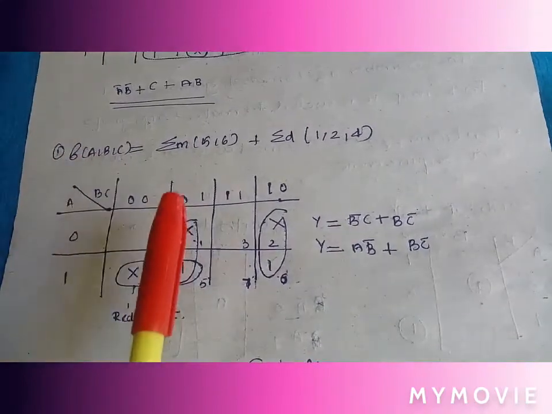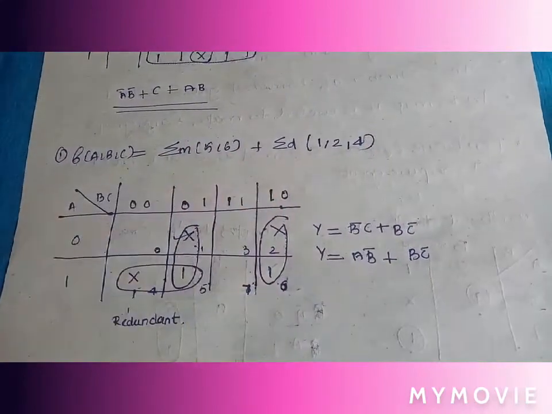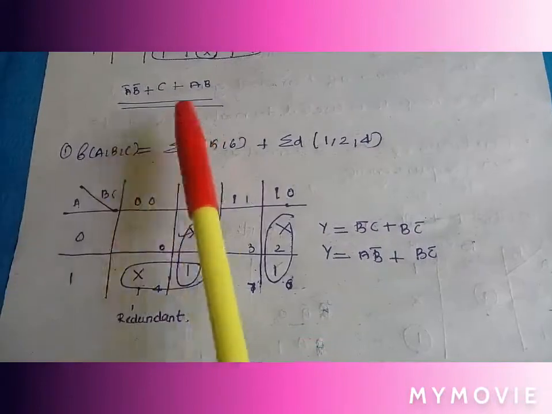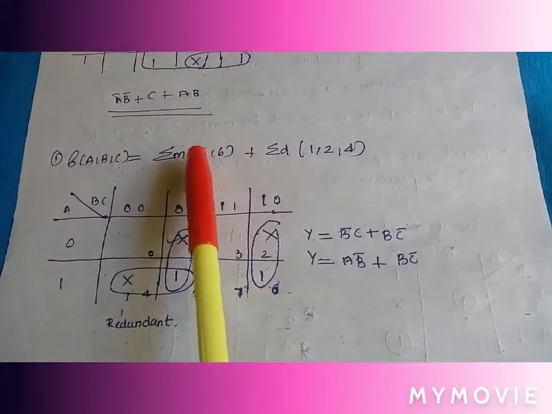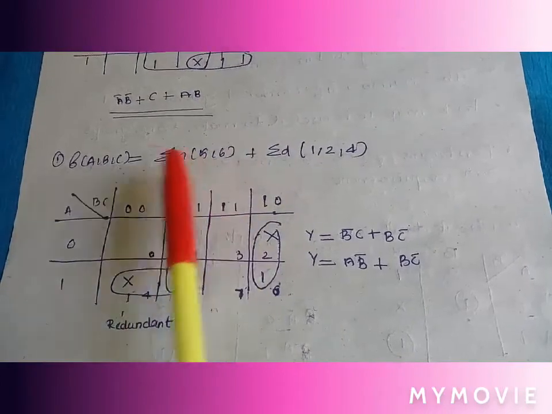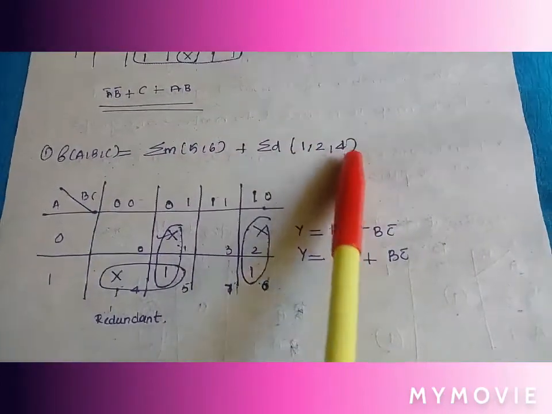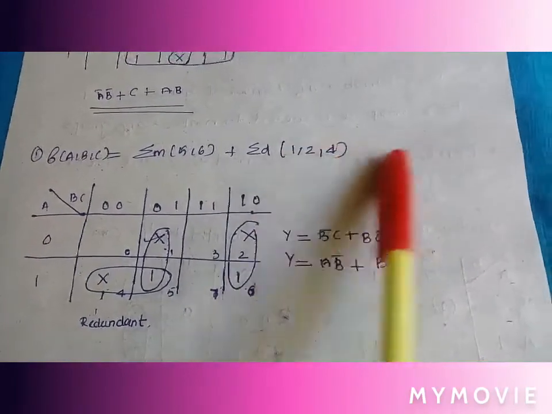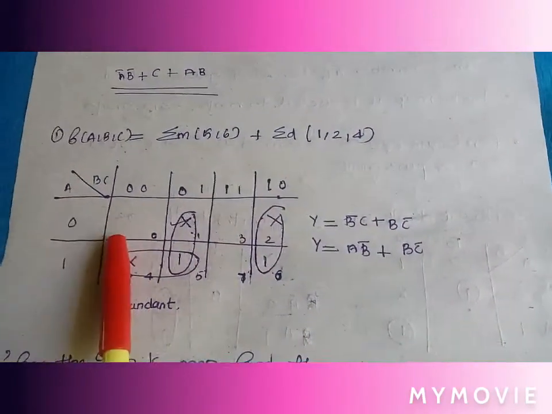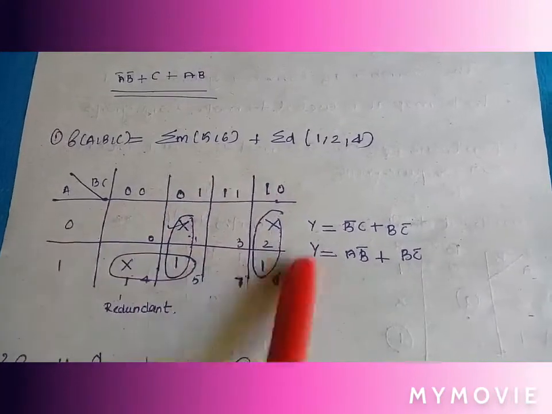Here we consider this question in which the question is like this. We have to draw K-map for this. We know the mathematical representation of sum of products like this, and the cells 5 and 6 represent 1, and here the D represents the don't care condition. So cells 1, 2, 4 represent the don't care condition. So we just represent the K-map diagram.